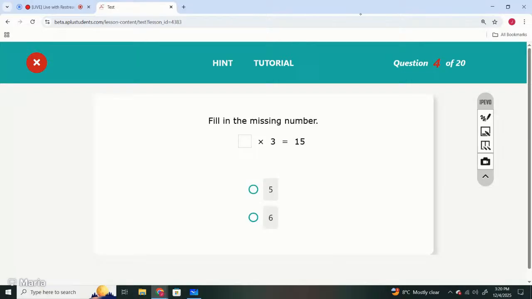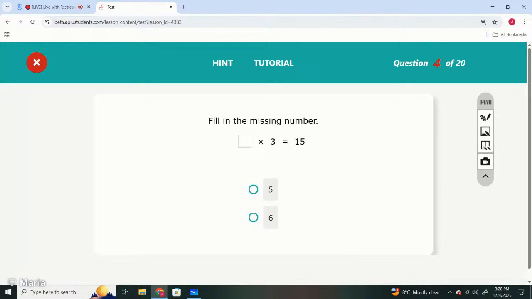Fill in the missing number. So the missing number times 3 is 15.